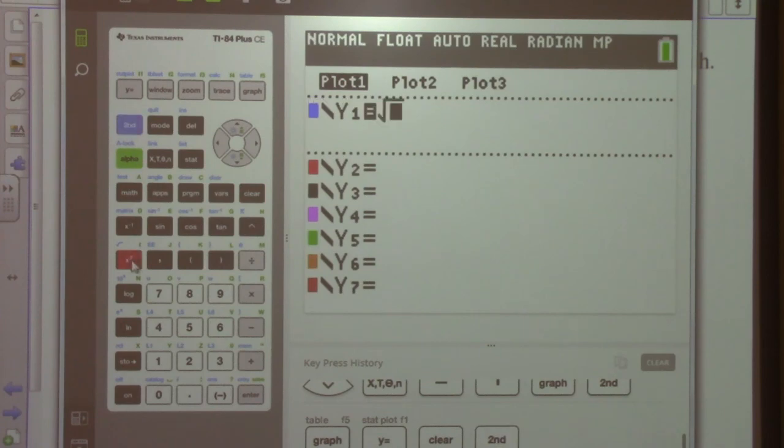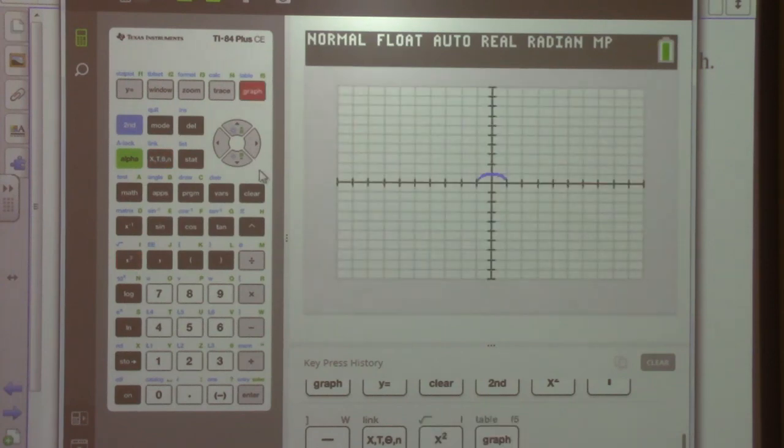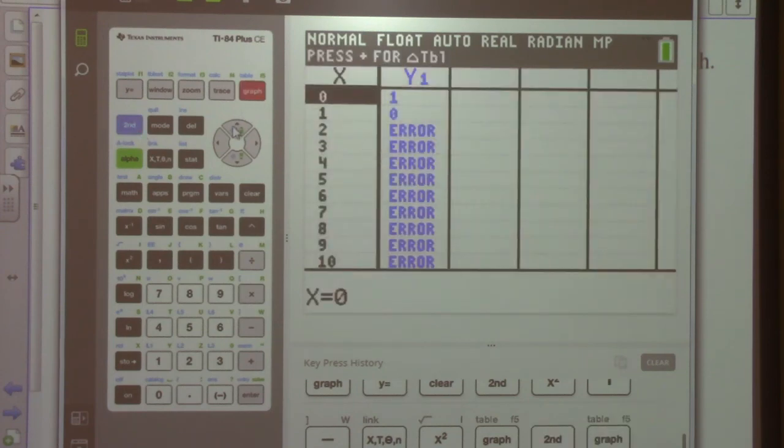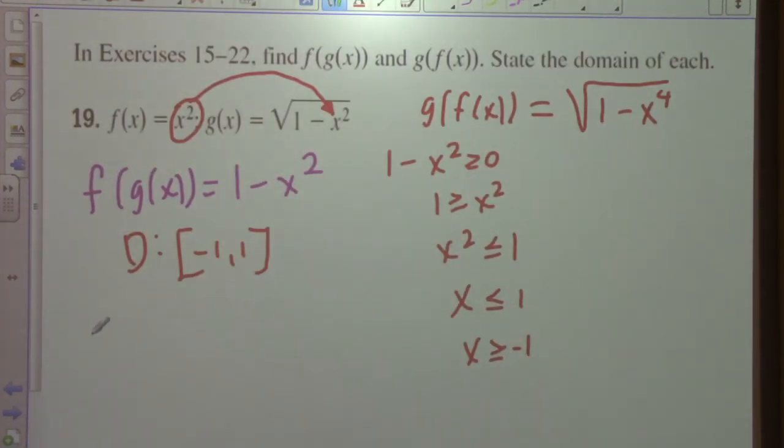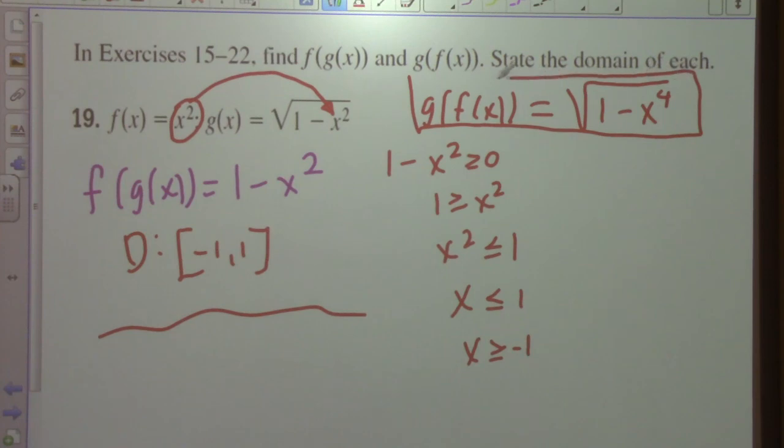See what the thing looks like? So we get this little thing here. And we saw this earlier when we were working on another related thing, weren't we? So the function is defined between negative 1 and 1. That's it. Okay? Does that make sense?